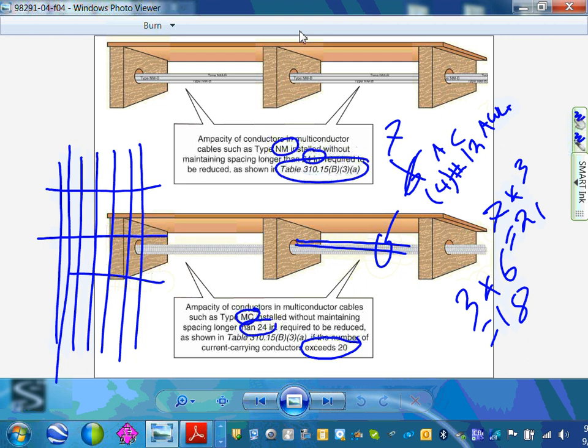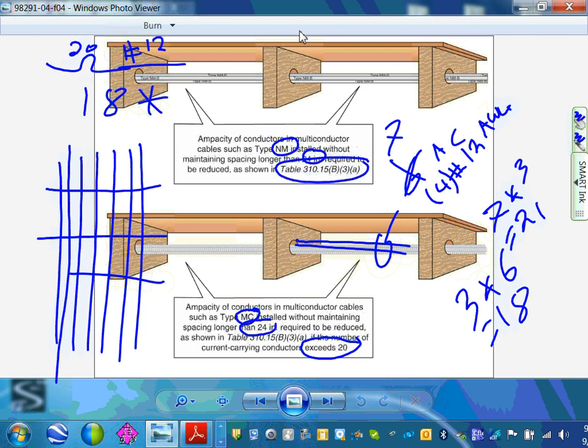If you take 6, that's 18 circuits. Just to give you an idea what an 18 circuit is. Do this math. If these circuits are 20 amp circuits, this is 18 20-amp circuits, number 12 conductor. Let's do receptacles.